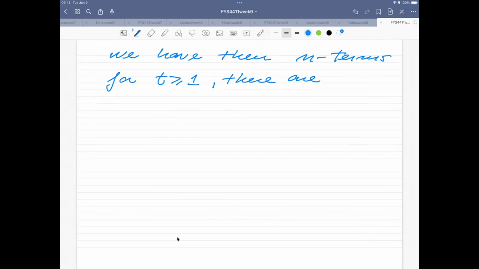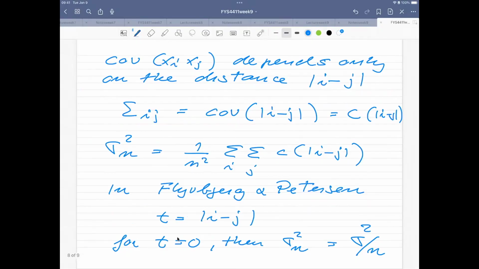It's also a quantity, if you think of this as a matrix, this sigma, this matrix here is actually positive semi-definite. So which means that all the eigenvalues are larger or equal than 0, because the variance when you diagonalize the covariance matrix, that gives you the variance of the system, the diagonal elements. So the variance is always larger or equal than 0. It's a positive quantity.